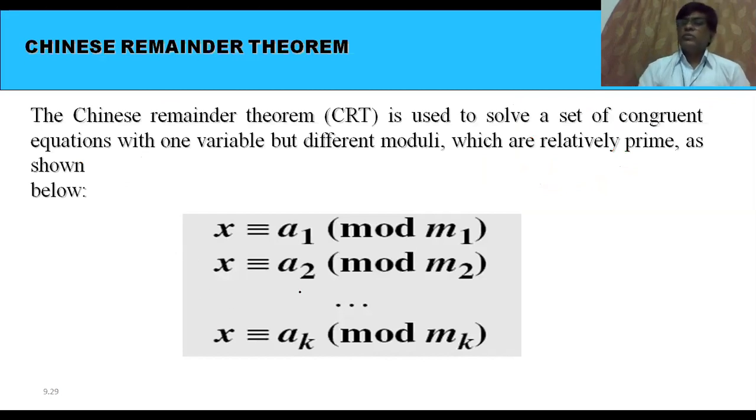Next one is the Chinese remainder theorem. This can be used to solve a set of congruent equations. Suppose we have a set of congruent equations with different residues and different modulo divisors.